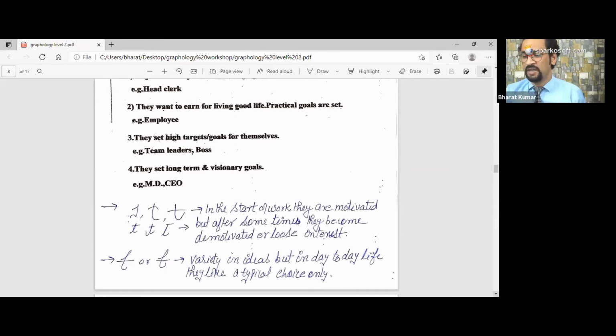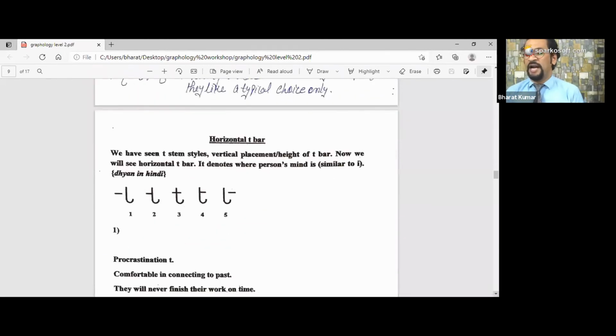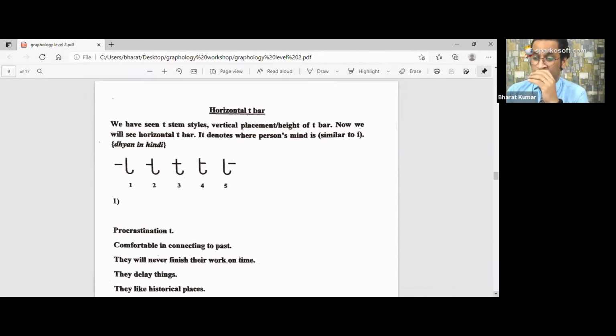Now, we are talking about different positions of the T-bar. Check it. So, first kind of bar is left side of T without touching. Second, left side but touching. Third one is central bar. Fourth kind of T, right-hand side bar but touching.